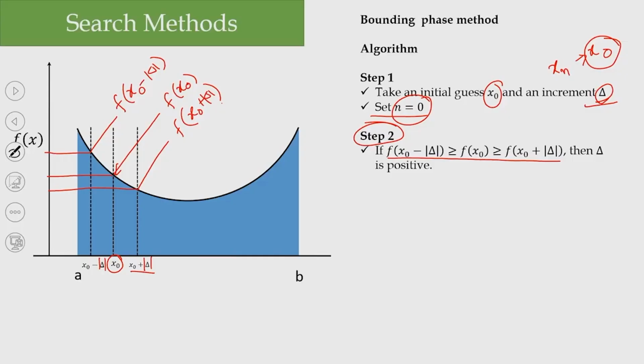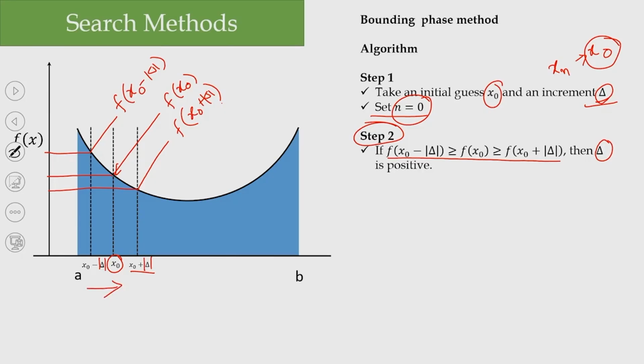Now, in this case, this condition is true. That means f of x naught minus delta is greater than f of x naught, and f of x naught is greater than f of x naught plus delta. So, if it is true, then delta is positive. That means I will go in this particular direction. If I go along that direction, I will be able to bracket the optima.